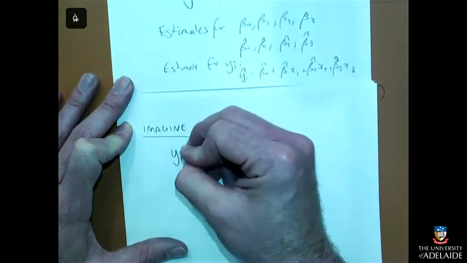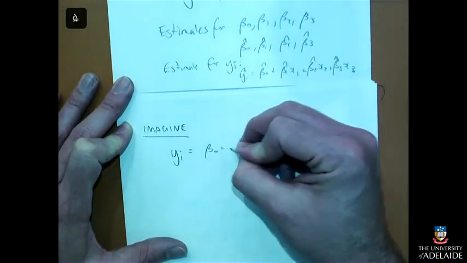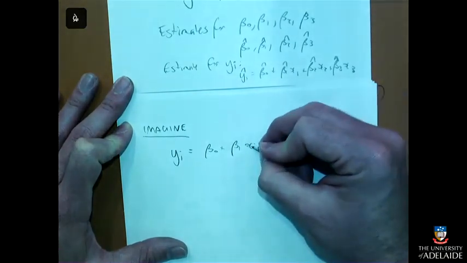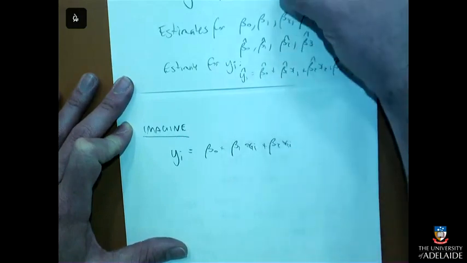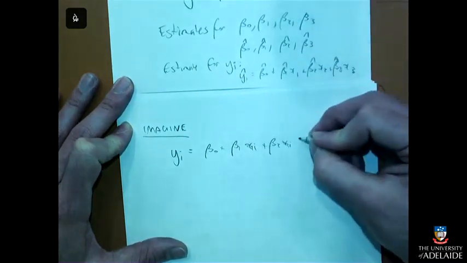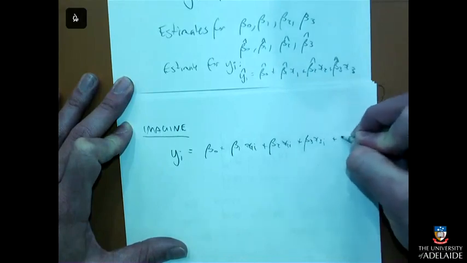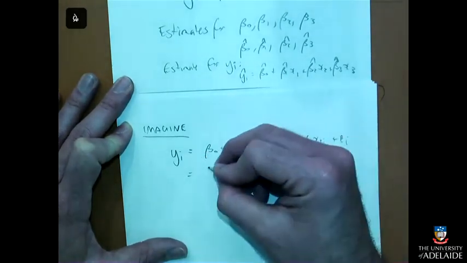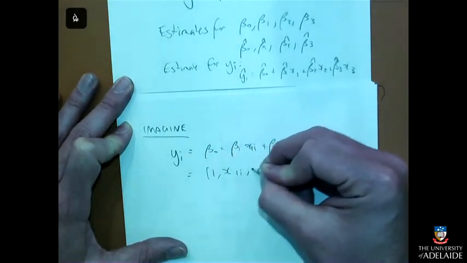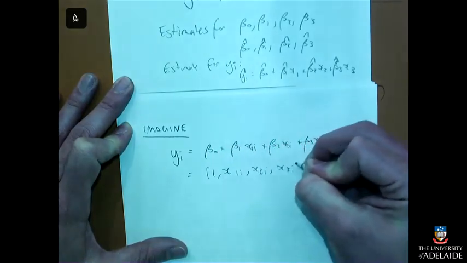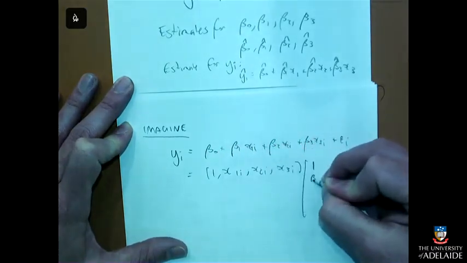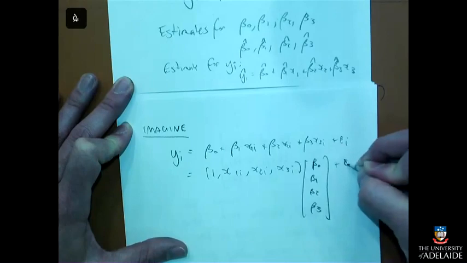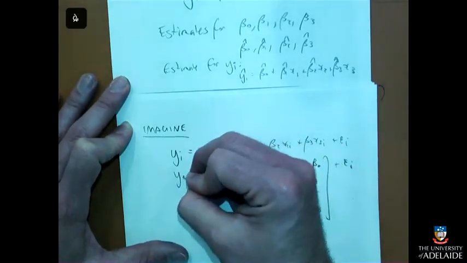So you imagine that yi, which was beta 0 plus beta 1 x1i plus beta 2 x2i, there's supposed to be i's on all of these, plus beta 3 x3i plus epsilon i, is created by a dot product. Like that.